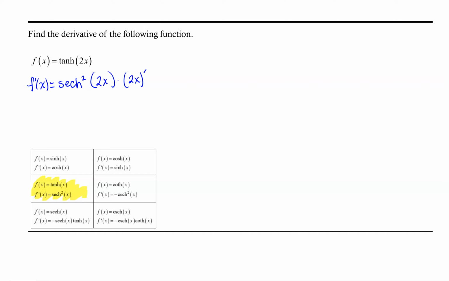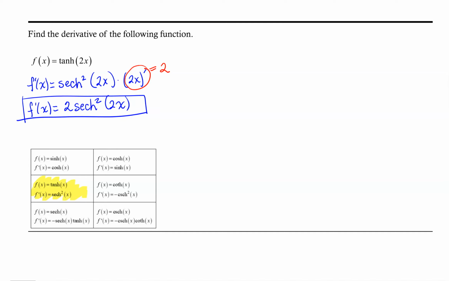So we have sech squared of 2x times the derivative of 2x. Now the derivative of 2x is equal to 2. So I'm going to pull that constant up front and write this as 2 sech squared of 2x. And there's our derivative.